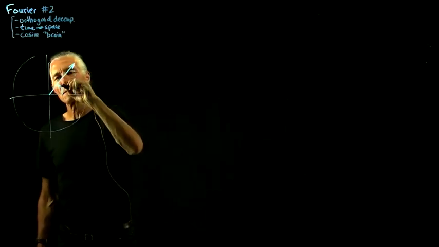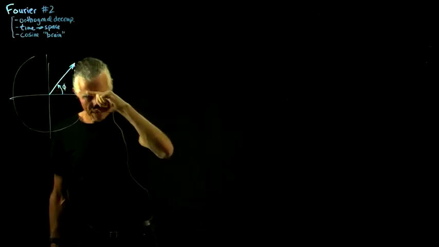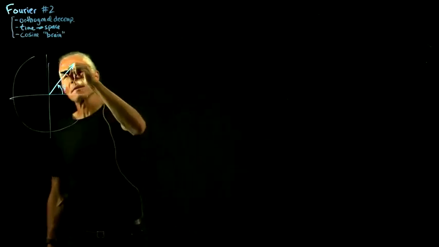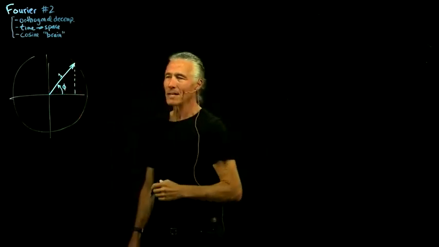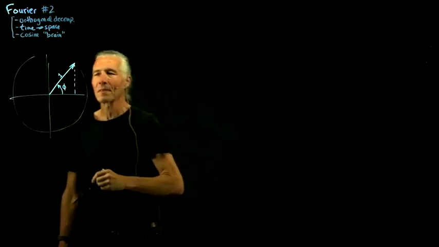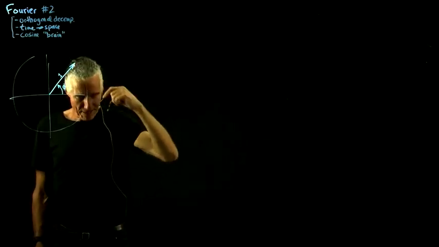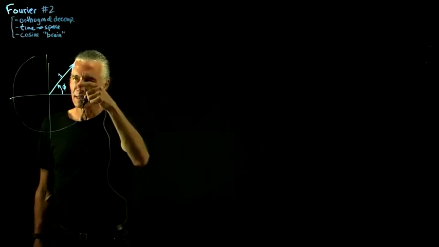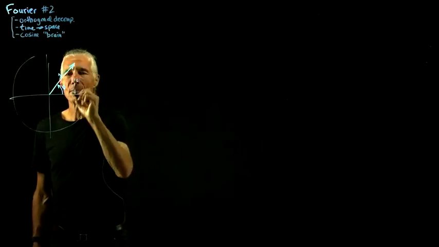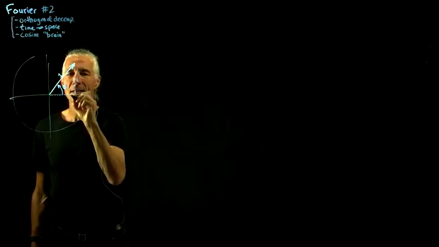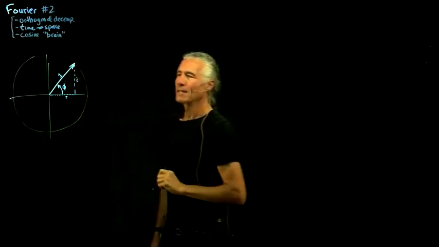If we look at that angle there, and we have a length of that vector being 1, then we can decompose that into sines and cosines. The opposite is basically the sine. That's the imaginary part. And then the adjacent is the cosine. That's the real part.